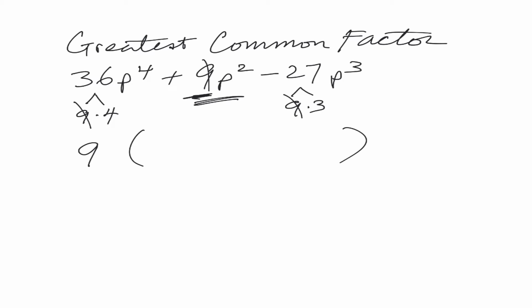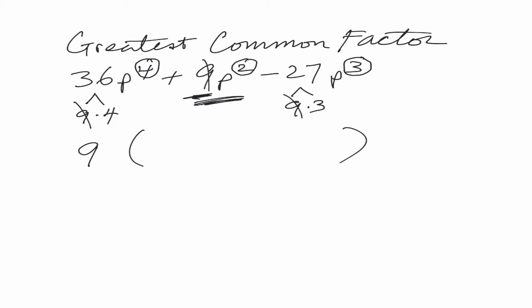Now we look at the variable. Again, the exponent that is the smallest will be the greatest among them. In other words, in this middle term here, there is not going to be p to the third power. P to the second power is all it got.